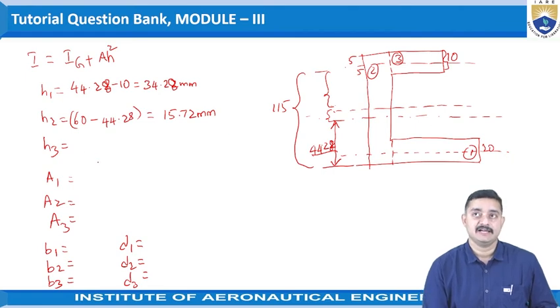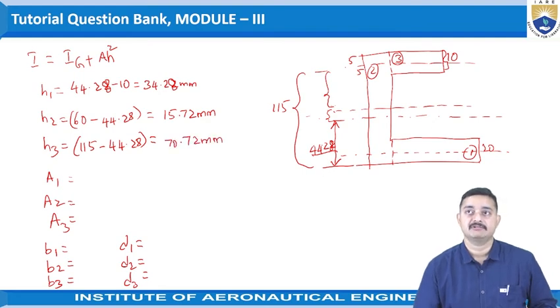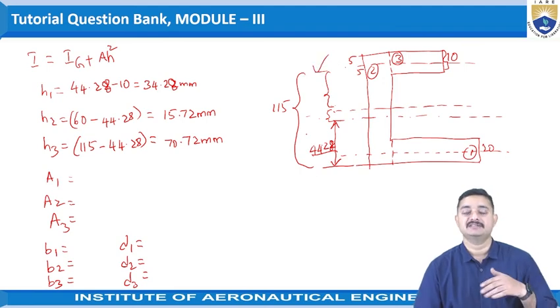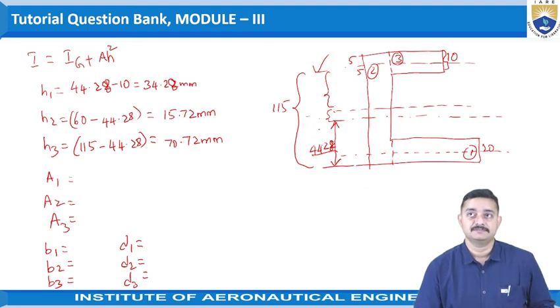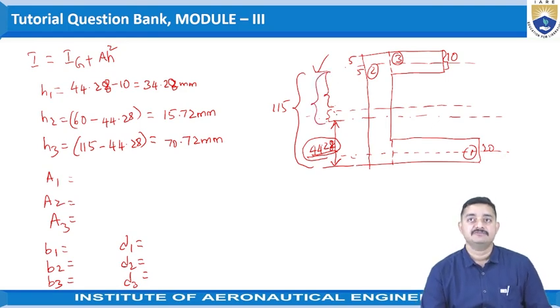So 115 minus 44.28, and the value is 70.72 mm. Right? So from this total 115, that is where the part 3 centroid is lying, if we remove this 44.28 length, we will obtain this distance. In this way, we have obtained the values of H1, H2 and H3.